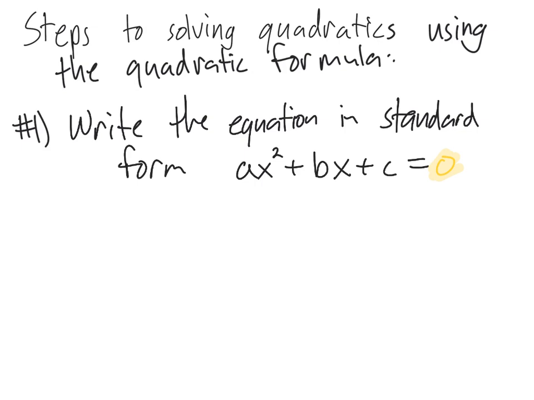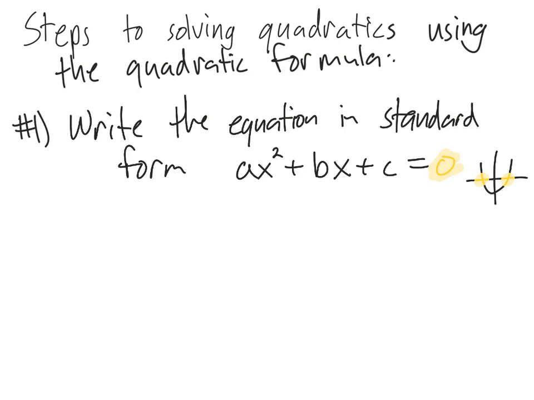If you recall, when we're solving a quadratic, we're trying to figure out where it crosses the x-axis, and where it crosses the x-axis, the output is 0. So essentially what we're saying is, where is the y value equal to 0.